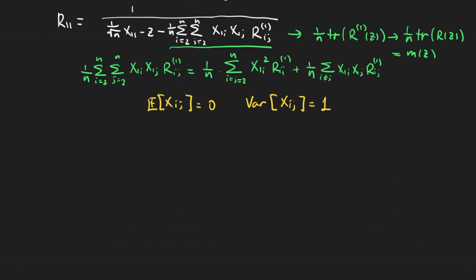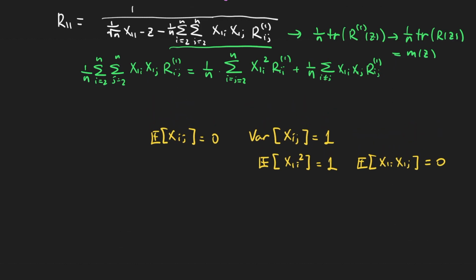What this means is that the second moment, the expectation of x1i squared, equals 1, and when we have two different entries, because of independence, x1i times x1j has expectation 0.